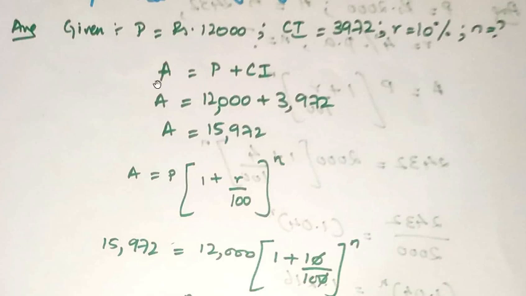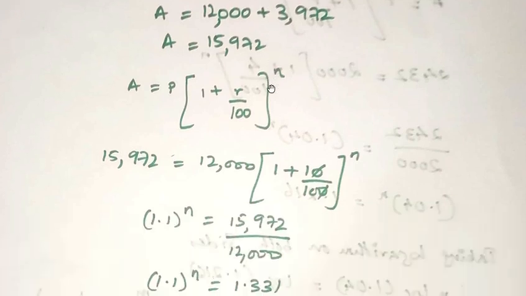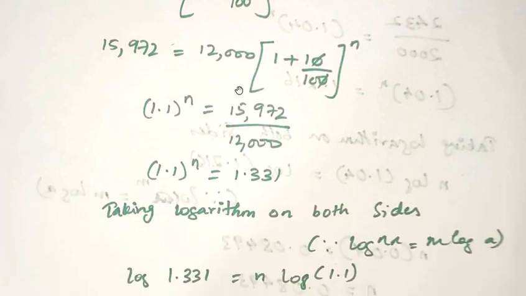So how do we basically get our amount? Principal plus the interest that we pay, that is our amount. So now if you implement this in the formula, we can find out the power of n. So A is equal to principal into 1 plus r divided by 100 to the power of n. 15,972 is equal to 12,000 into 1 plus 10 divided by 100 to the power of n.